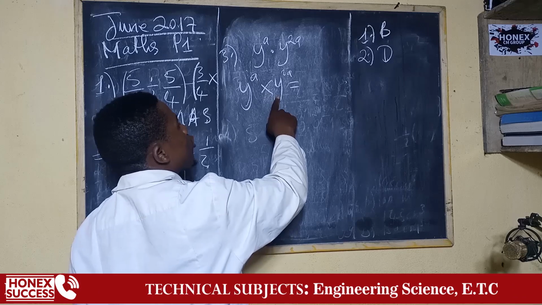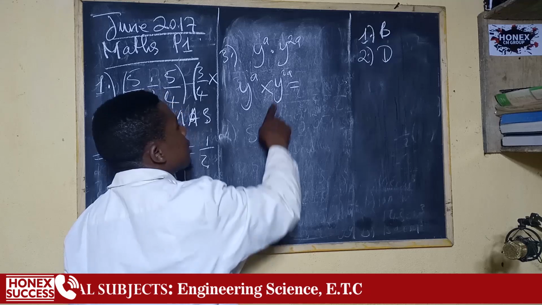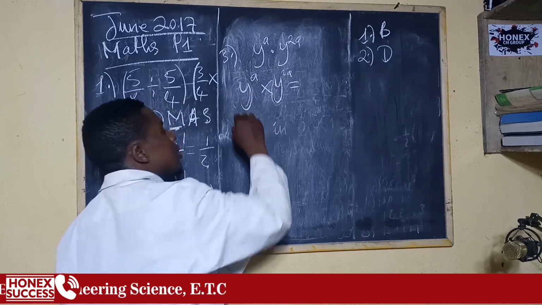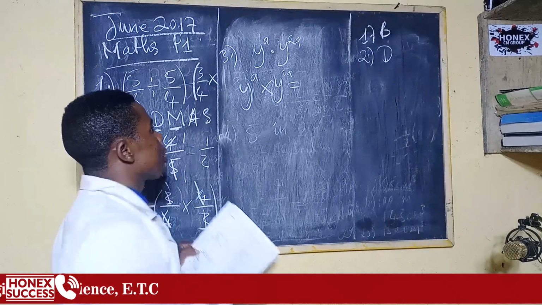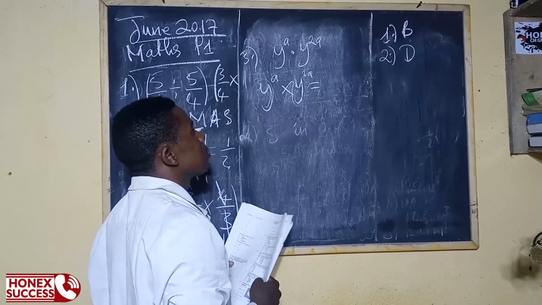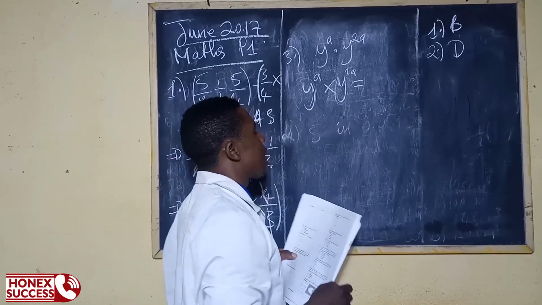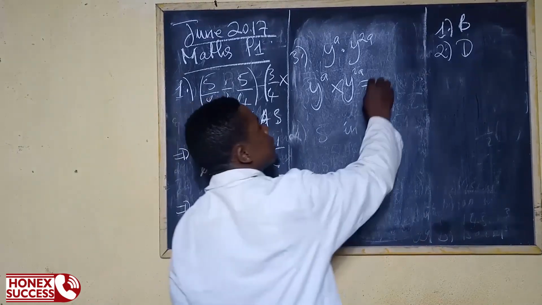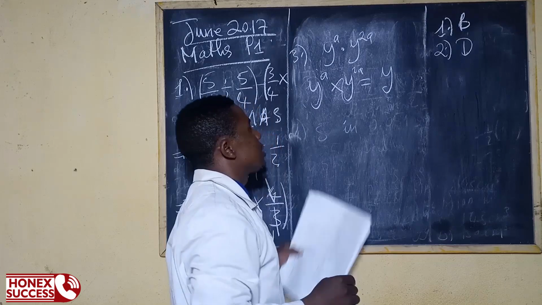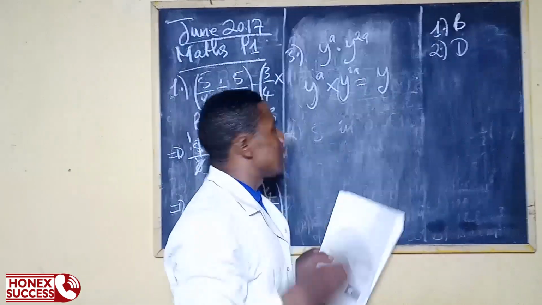So you realize that this part is called the base. We have the same base in both terms, and what are we going to do with the power? From the laws of indices, we are going to add the powers. There's a law of indices that says that when you are multiplying two numbers in index form which have the same base, then you add their powers.